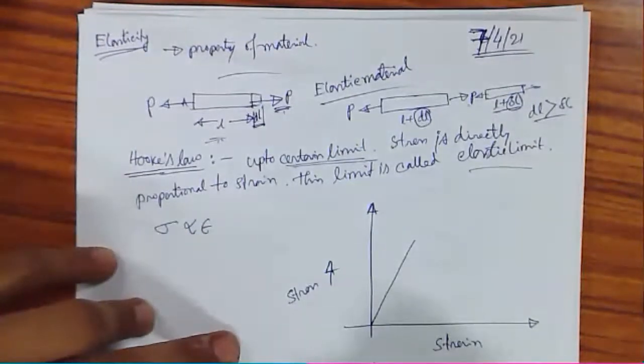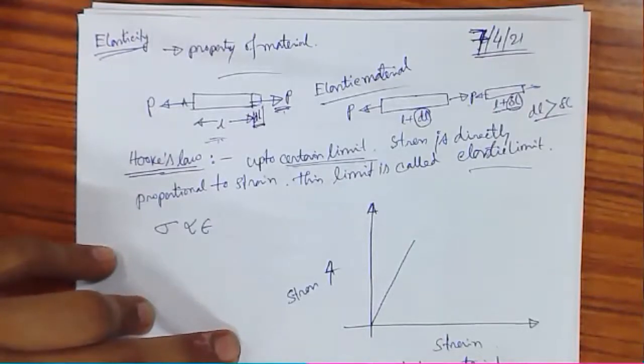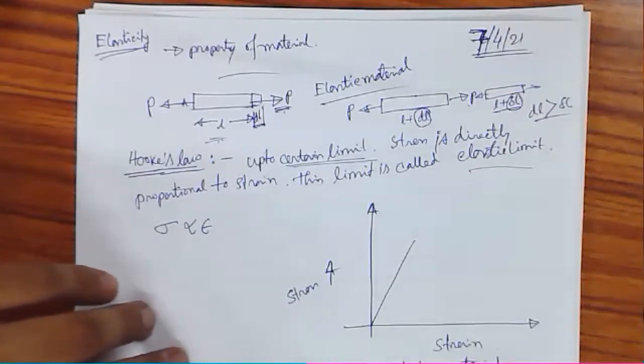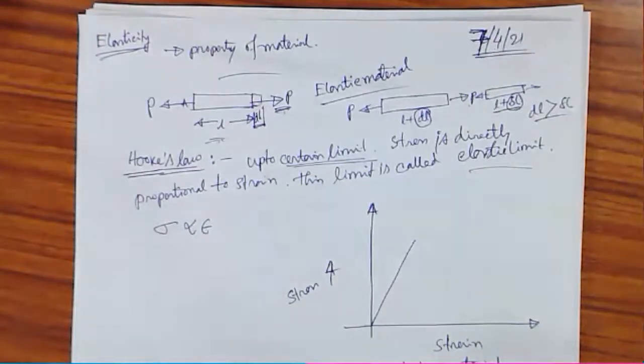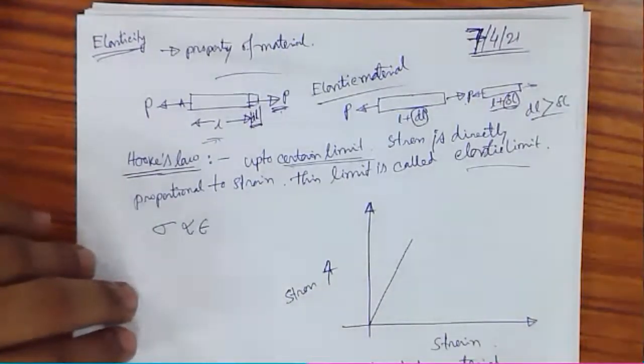So let us start with ductile material. What is ductile? Do you know what is ductile material? Anyone knows? Sir, a material which can be drawn into wires. Right, absolutely right. It can be drawn into wires.